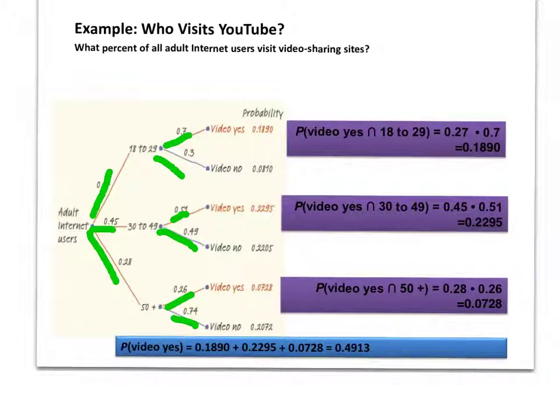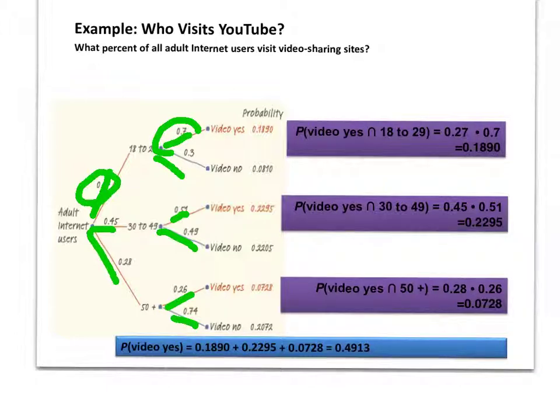So the questions are, for example, the probability of watching YouTube, given that they're 18 to 29, would be 27% because it is 0.27 times 0.7, which comes out to be about 18.9%.